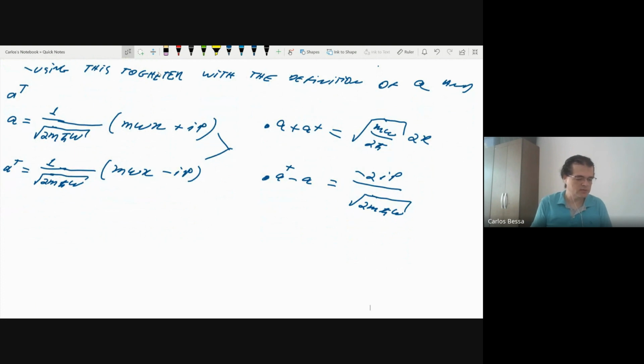And then we find that x is just h bar over 2 m omega.